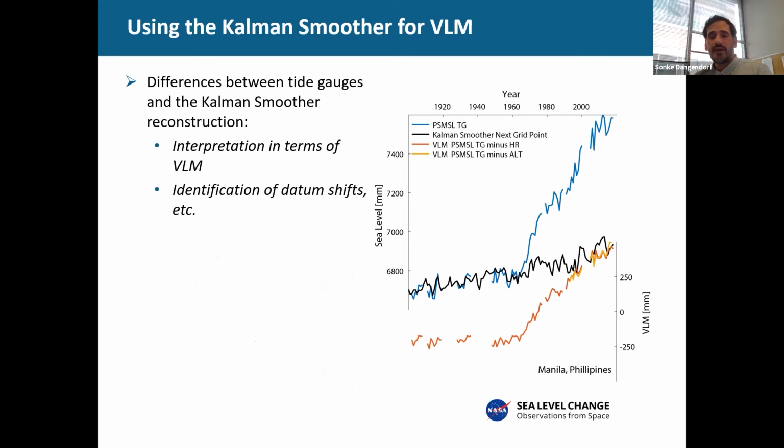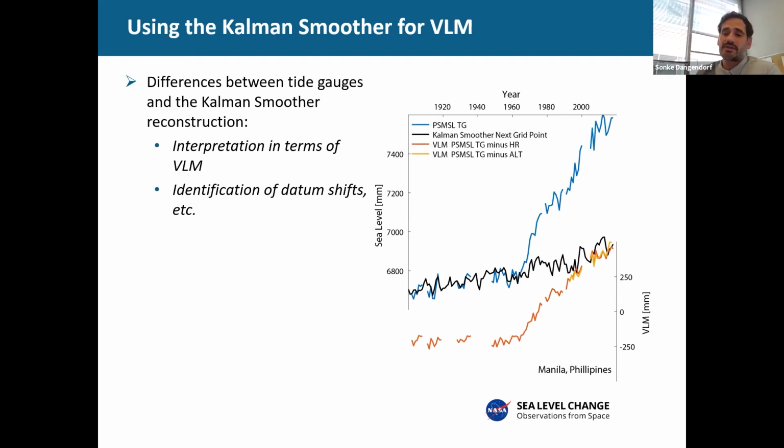As a background for that, vertical land motion estimates that we nowadays have are only available via GNSS, which is only available since 10 to 15 years in most locations, or in most locations even less than 10 years, or by the difference between tide gauge and nearby satellite altimetry, which is also limited to the last 20 years.